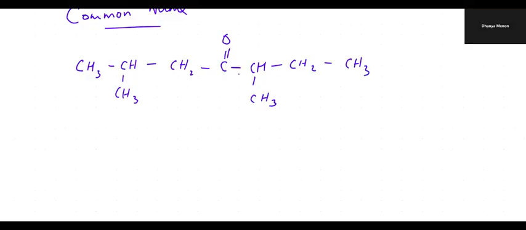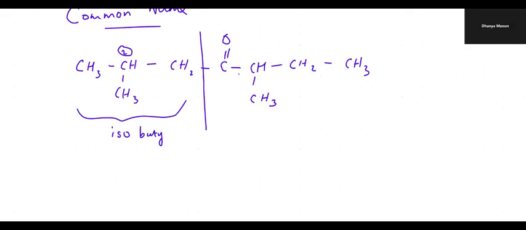Just now we saw the connection is from the second carbon atom, so it is iso. So 1, 2, 3, 4 carbons are here. I'm just checking this side. Isobutyl, because in common name we consider all the carbon atoms, not just the numbering one.